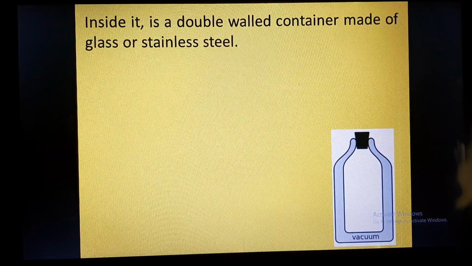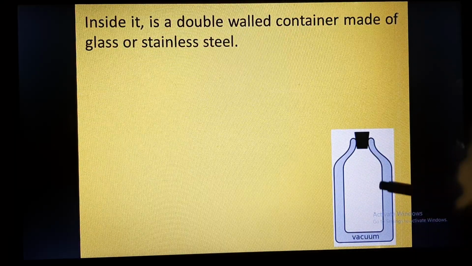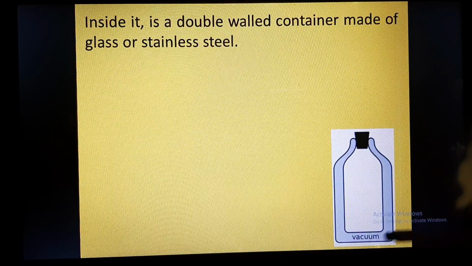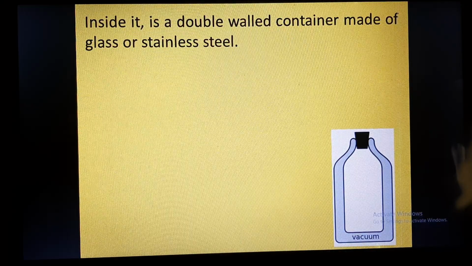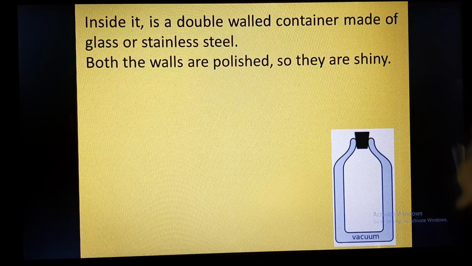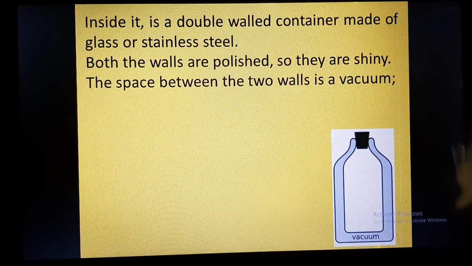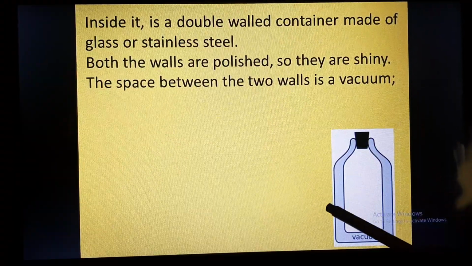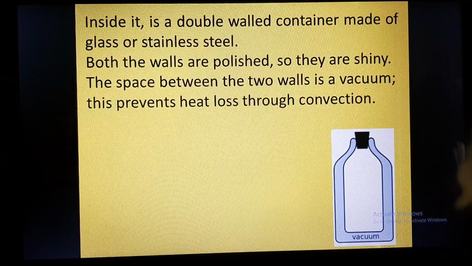So this is how a thermos flask looks like. This is the vacuum, this is the inner container, and this is the outer body. So inside it is a double walled container which is made up of glass or stainless steel. Both the walls are polished, so they are shiny. The space between two walls has vacuum.